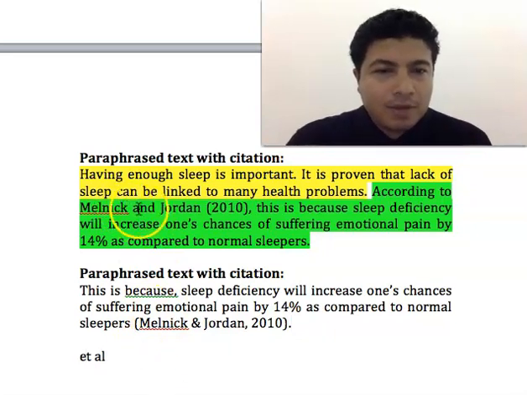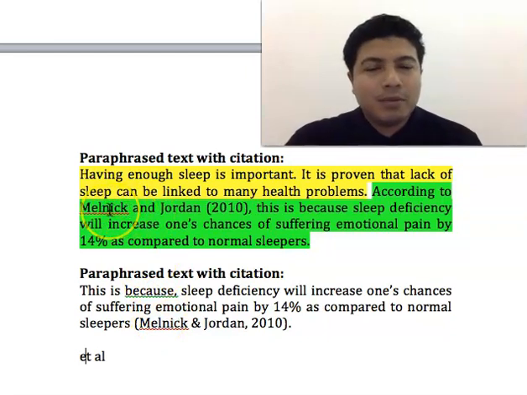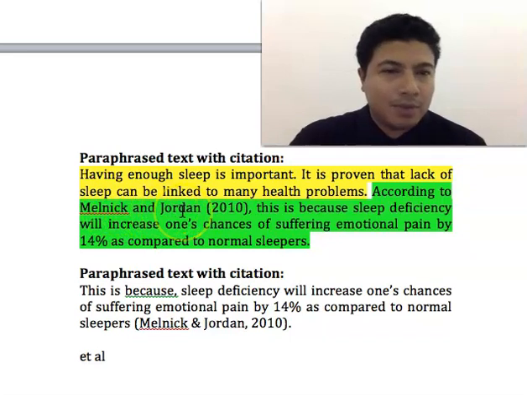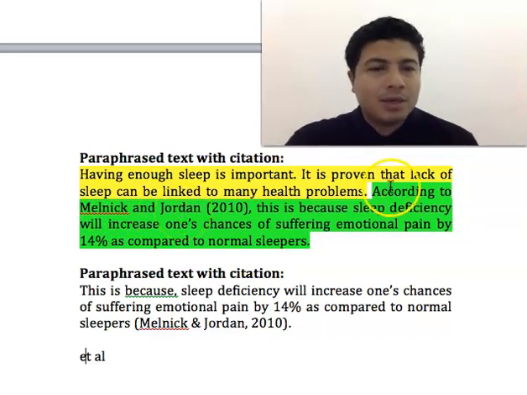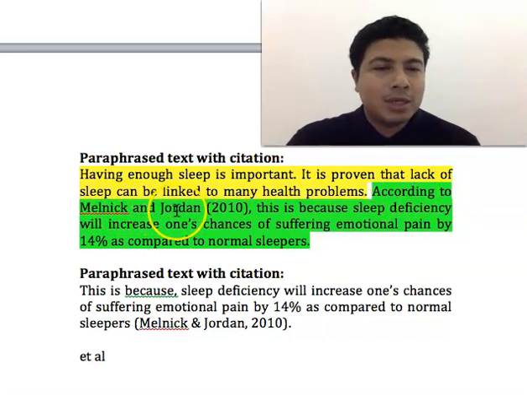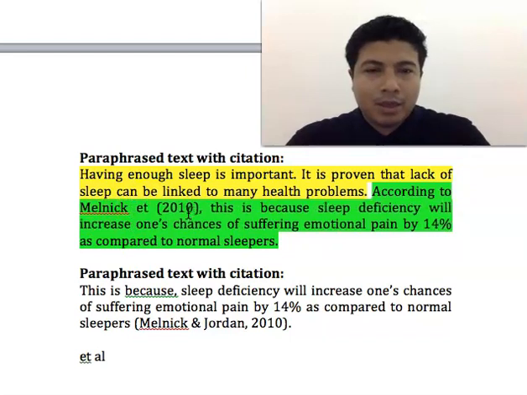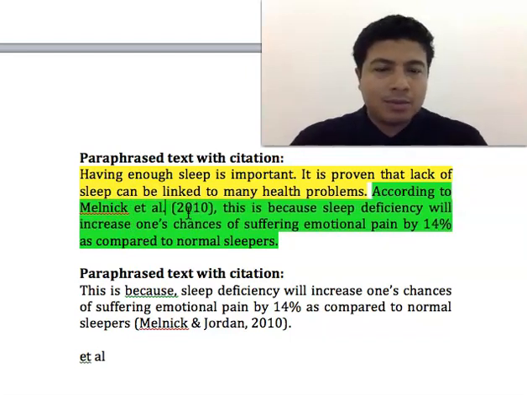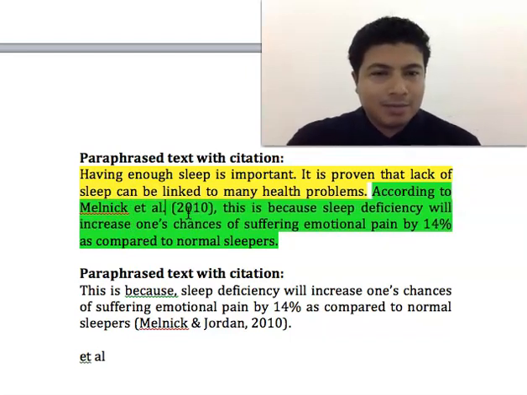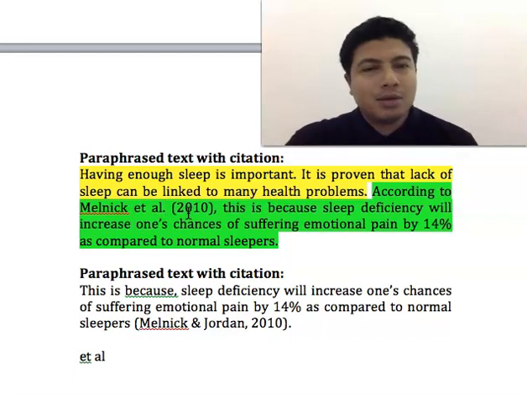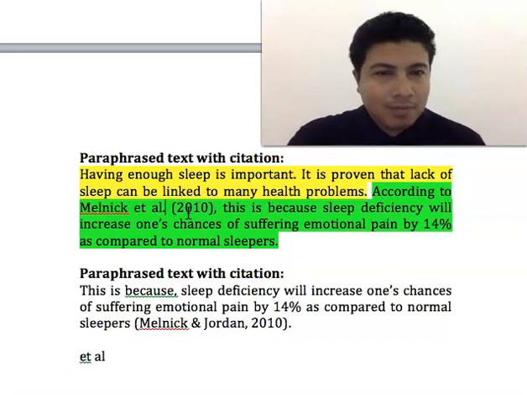So for example, if there are three people, we have Meredith Melnick, Michael Jordan, and also David Beckham. We don't say according to Melnick, Jordan, and Beckham, but we say according to Melnick et al., 2010, because there are three authors or more.